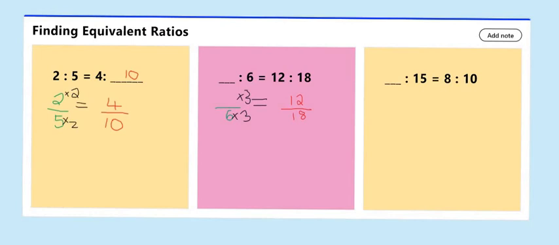And the answer is 4. Very good. 4 times 3 gives me 12. That means that the missing value should be 4.